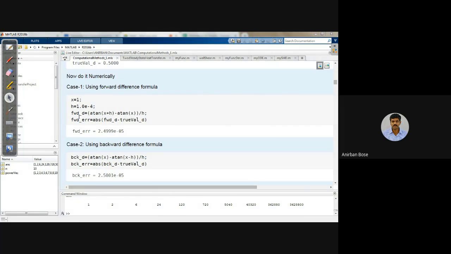And finally, to find the error, it is subtracted from the true value and then you take the absolute value, so that positive or negative does not matter. It is basically the magnitude of error that is important.